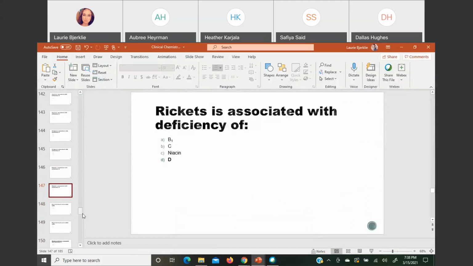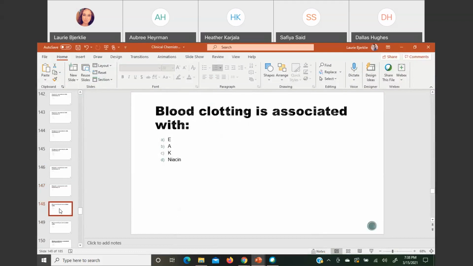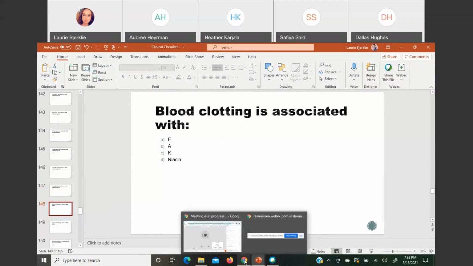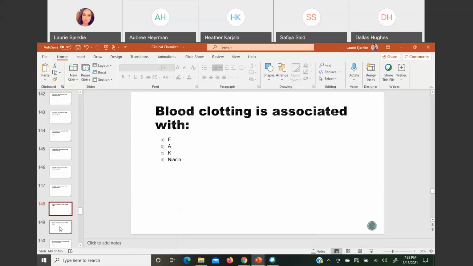Good, you guys have that one. D, yep, vitamin D. Blood clotting is associated with what vitamin? Good, vitamin K.